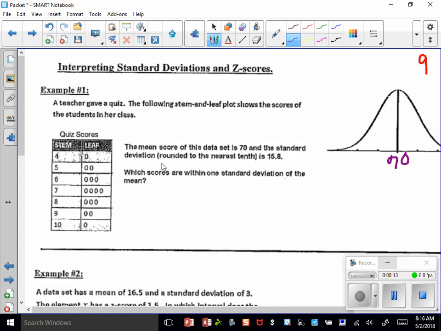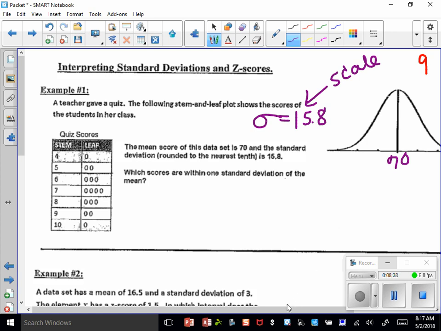And the standard deviation, rounded to the nearest tenth, is 15.8. All right, so our standard deviation is 15.8. So I'm going to put 15.8, which is our scale. So now we need to count to the left 15.8.